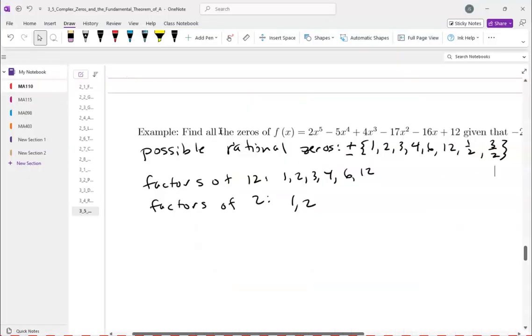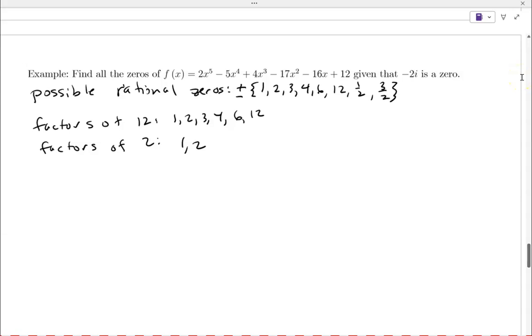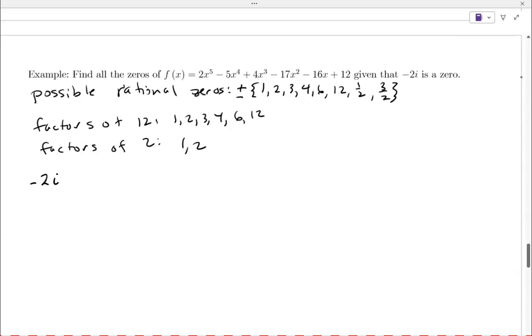All right. So we have now three of them to play with, right? So let's do the complex ones first. Let's do the 2i. You could use the negative 1 first, by the way, if you wanted to.